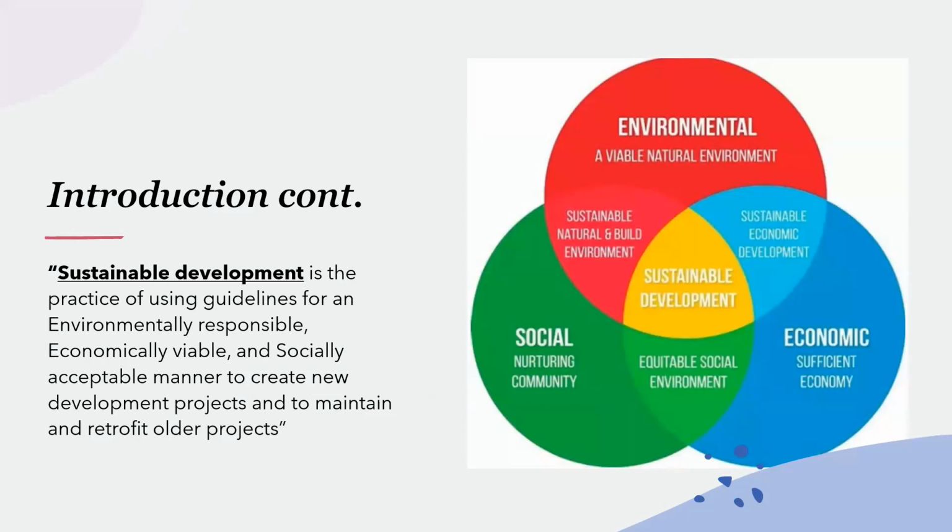That means a particular construction project or a building should be environmentally sustainable, socially sustainable, as well as economically sustainable. By definition, sustainable development is the practice of using guidelines for an environmentally responsible, economically viable, and socially acceptable manner to create new development projects and to maintain and retrofit older projects.